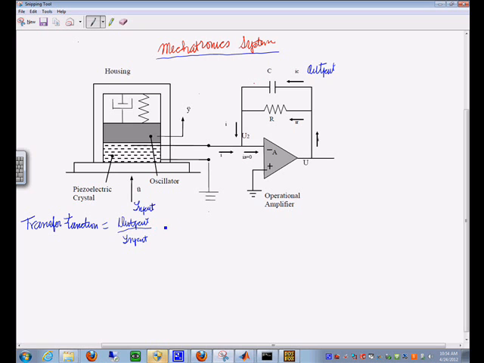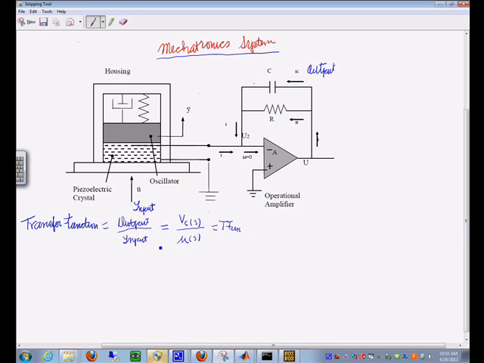If we write it in the domain, in this case you could say the voltage across the capacitor divided by the input U in here. This is your transfer function. Maybe we could call it T-fun for transfer function.